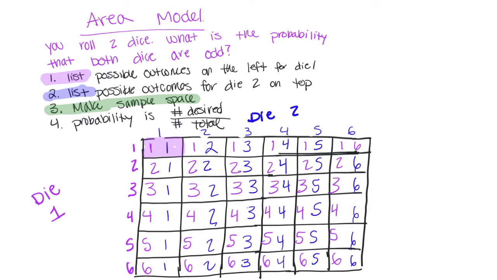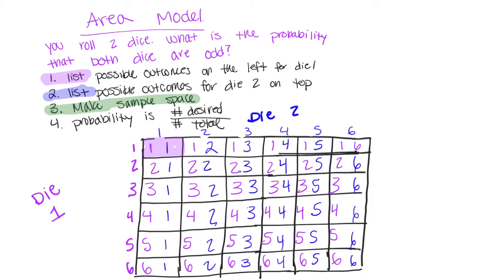Okay, so here is my finished area model. Let me just pick a random one. How about this one? That square in green means that from the first die I rolled a 5, and the second one I rolled a 4. It kind of works like a multiplication chart.